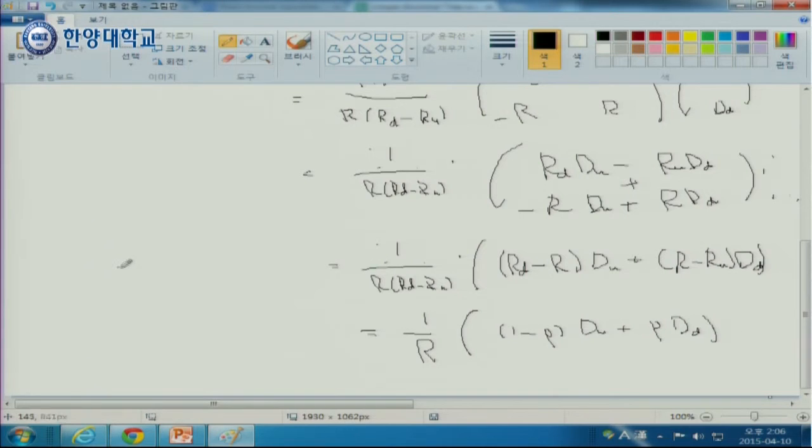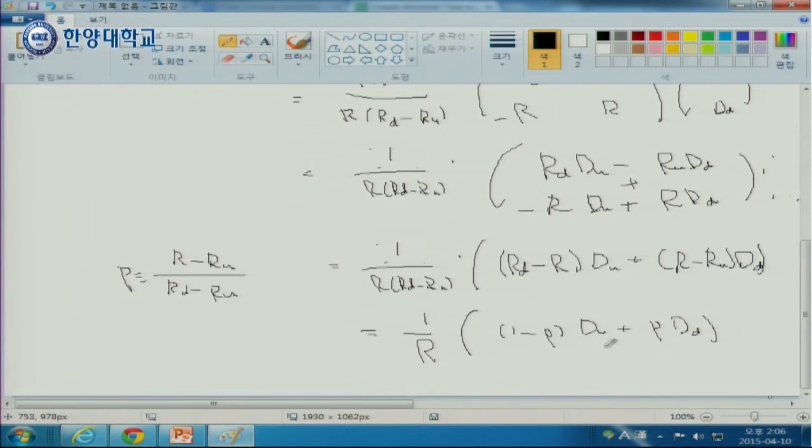Here p means RT minus RU over R minus RU. So this is p, this one divided. So p, and this one is RD, so it's 1 minus p. Right? Everything clear?